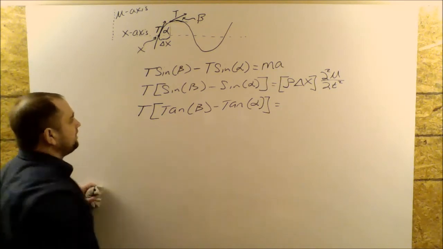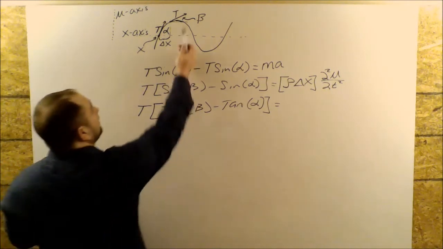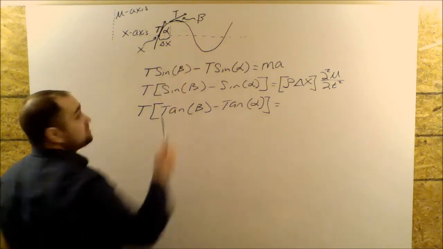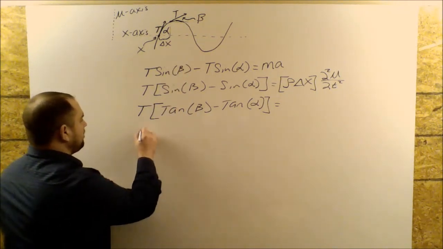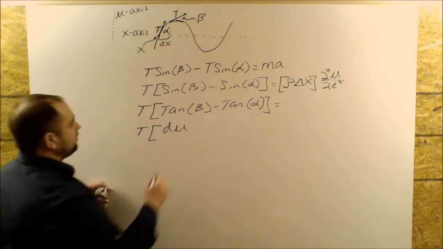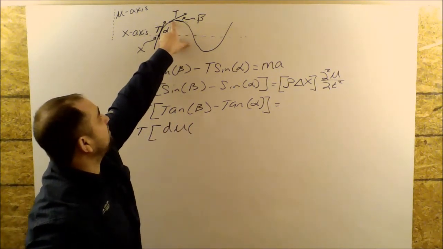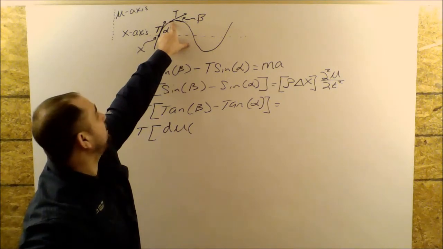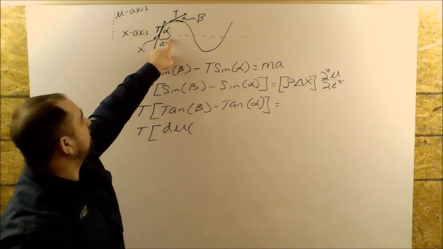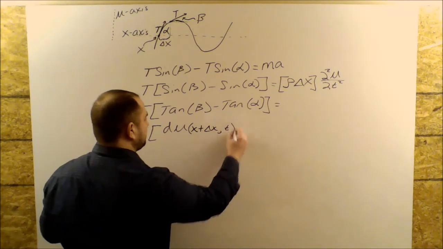Now I know that tangent of beta is rise over run, which is my derivative. So this actually just gives me the derivative of u. Tangent beta is referencing this point here, and so it's at the value x plus delta x. Okay, so I have x plus delta x, and then I have my time component.